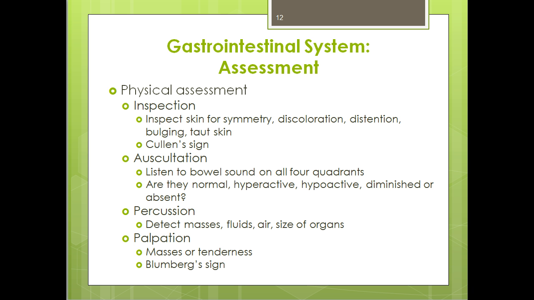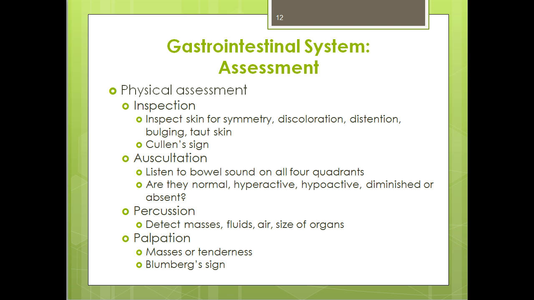Ecchymosis looks like little red marks, and if it's around the umbilicus, that could mean a person might have intra-abdominal bleeding. Another name for that is Cullen's sign, spelled Cullen apostrophe S sign. It's an indication of intra-abdominal bleeding.